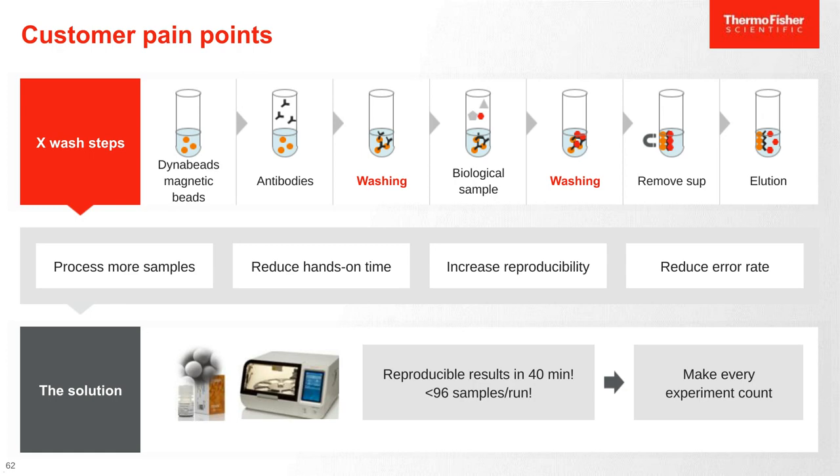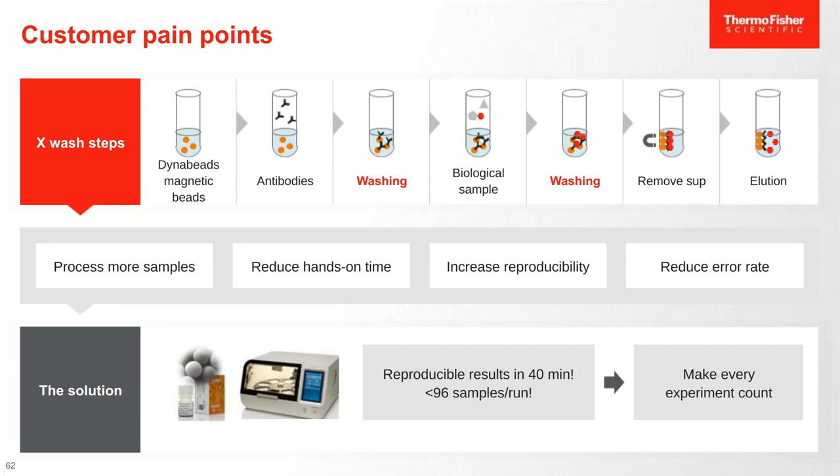And the solution is, of course, the combination of the magnetic Dynabeads, functionalized for pulling out target proteins, and the Kingfisher instrument, which, as Suraj mentioned, is a brilliant instrument moving beads instead of liquid.